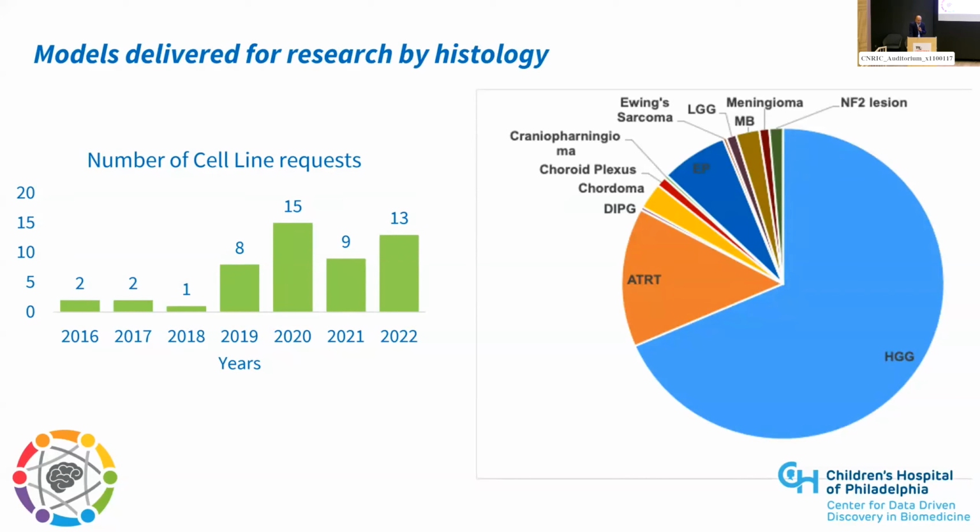The top of the list is high-grade glioma and ATRTs. However, ependymomas, craniopharyngiomas, and meningiomas are on this list as well. There is an interest, and we have more of those models within the provisional list. We just don't always have capacity to propagate them, as their doubling time is extremely slow, and many of them actually grow better in serum conditions, and they do not always provide the best models.